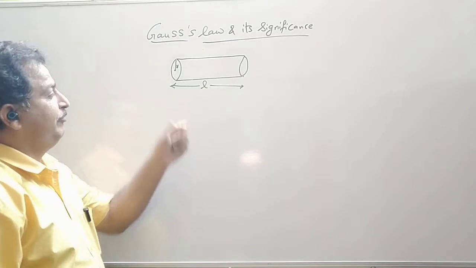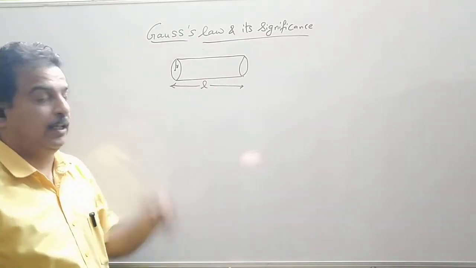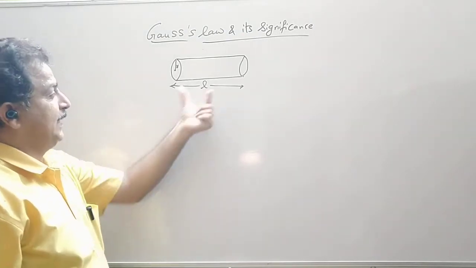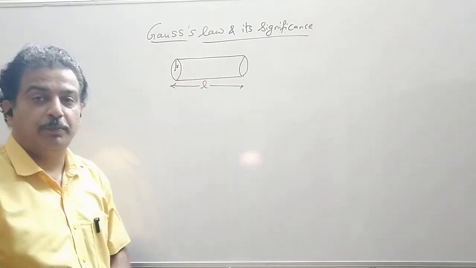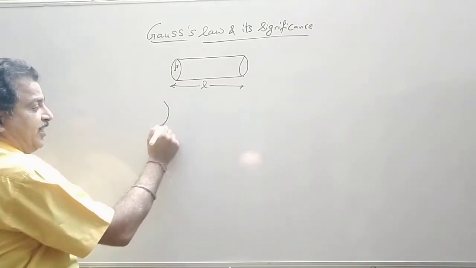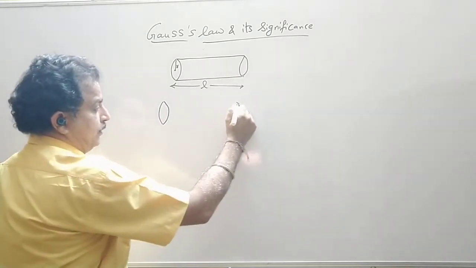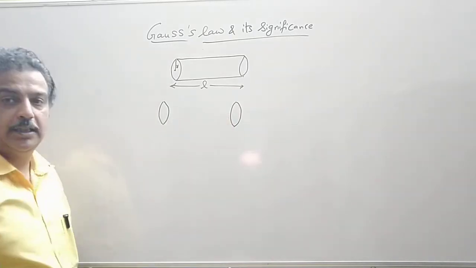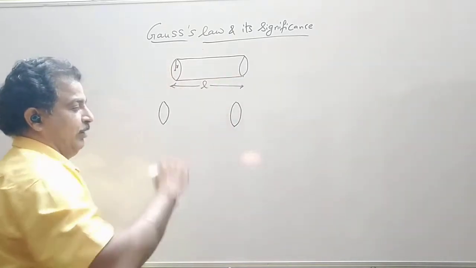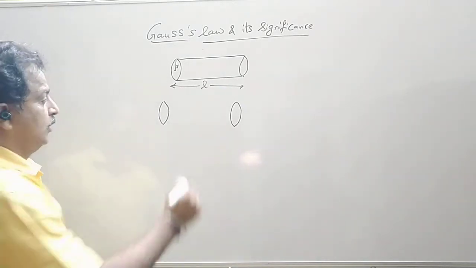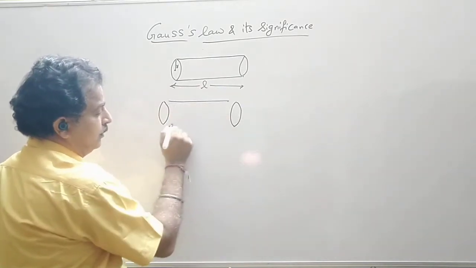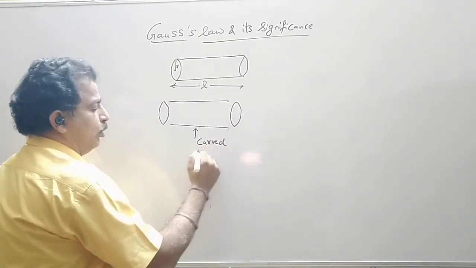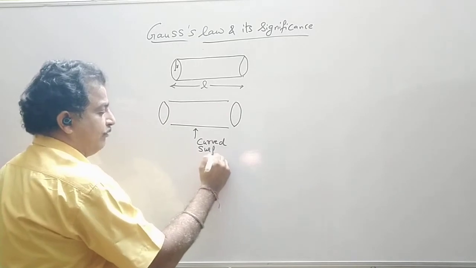Now before we find out the flux linked with this cylinder by placing it in the electric field, we will see this cylinder is made up of three closed surfaces. So these two are called the cross sections of the cylinder, and this portion is referred to as the curved part or the curved surface.